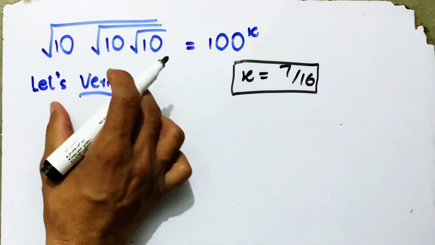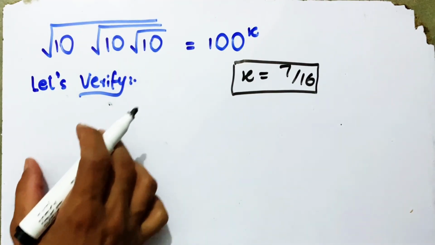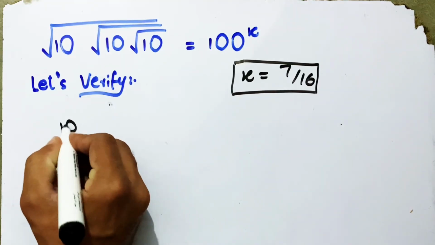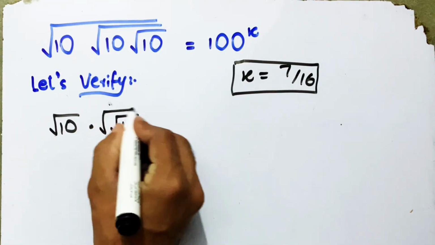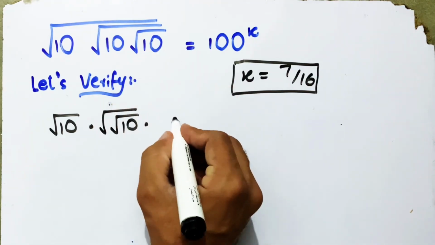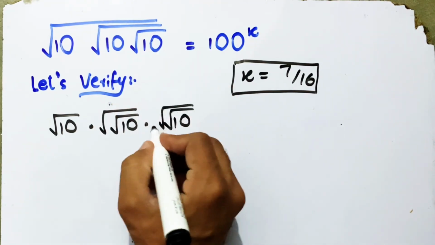Taking the left-hand side first: 10 with a square root, a double square root, and a triple square root.